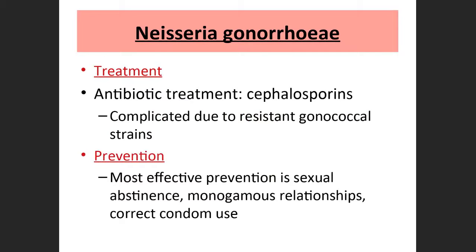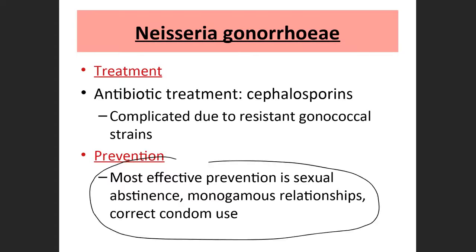Treatment is with antibiotics, but there is resistance going on. So there are Neisseria gonorrhoeae strains that are becoming resistant to antibiotics. And again, prevention: there is no vaccine, so it is the same preventions you would have for any STD.